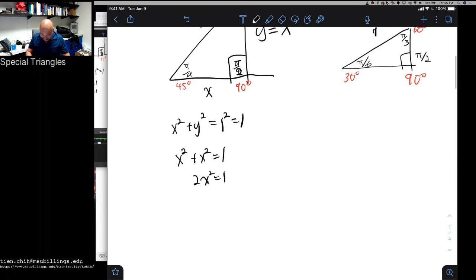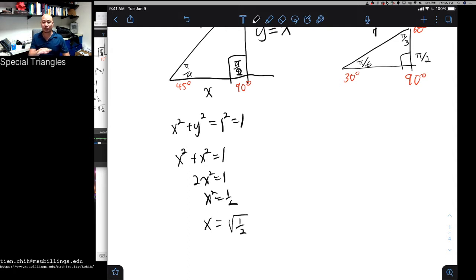So that means x squared has to be a half, since my two x squares, when I put them together, make 1. And so x, the length here, has to be the square root of 1 over 2.